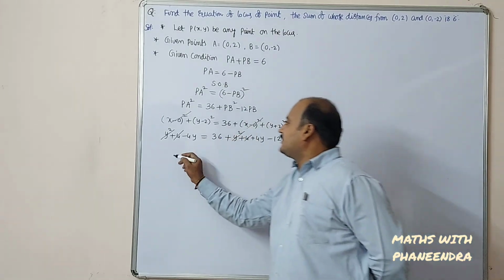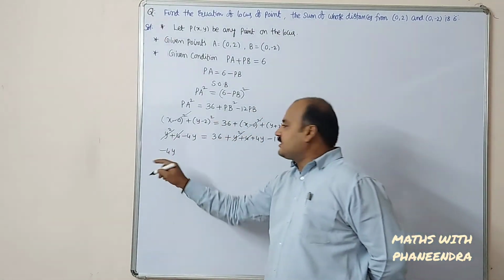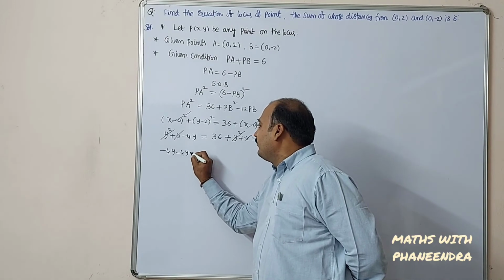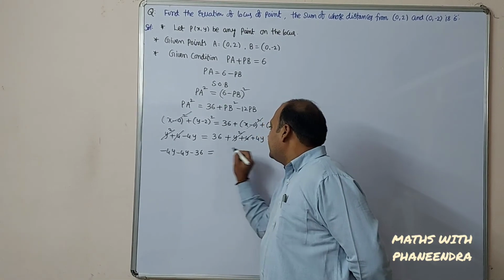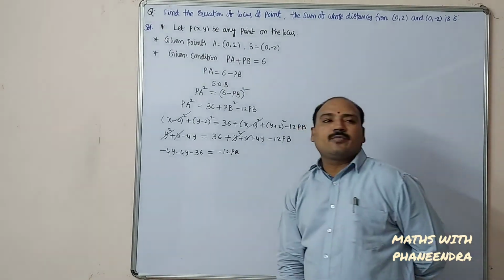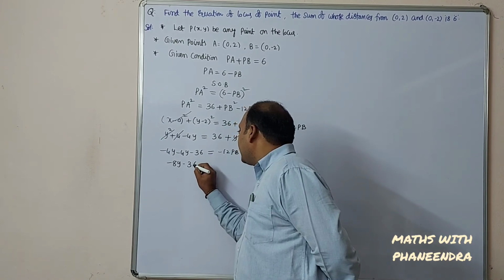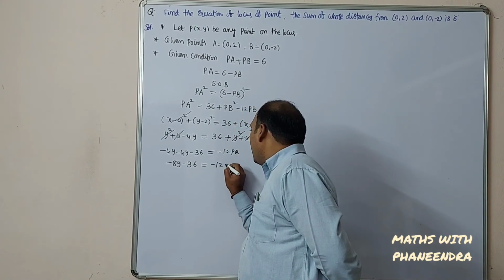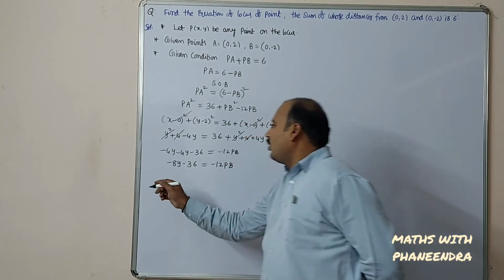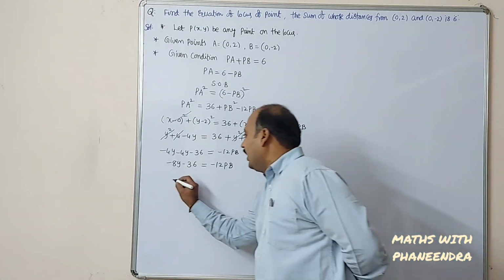This 4y and 36 we can take to this side. Minus 4y is already there. Plus 4y and 36 also we are taking to this side. Minus 4y minus 36 is equal to minus 12 PB. So minus 8y minus 36 equals minus 12 PB. In this, minus 4 is the common multiple.